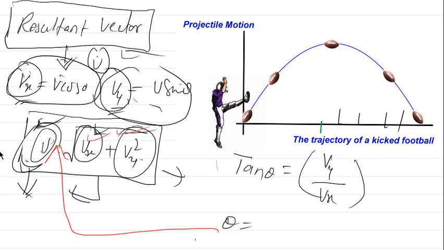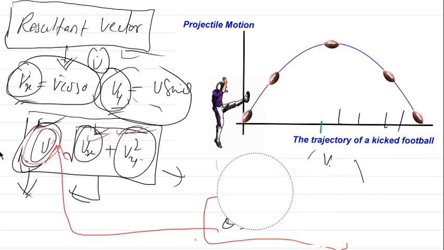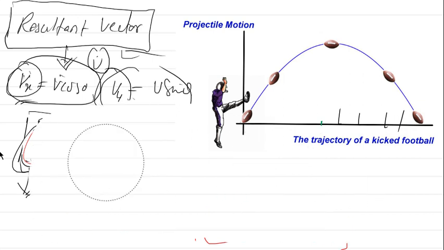So how do we get theta? When the tangent goes to the other side, it becomes tangent inverse of Vy over Vx. With this equation you can easily find the angle of the vector calculated from the horizontal and vertical components.